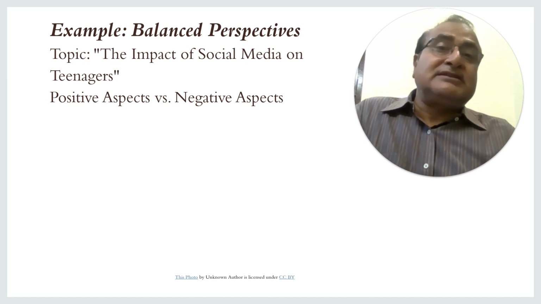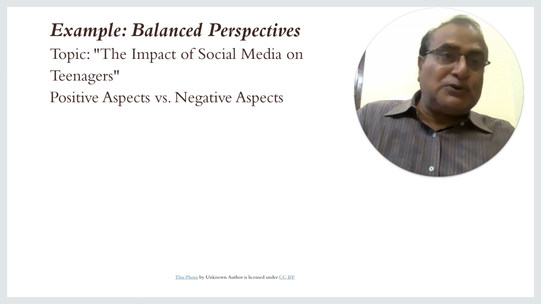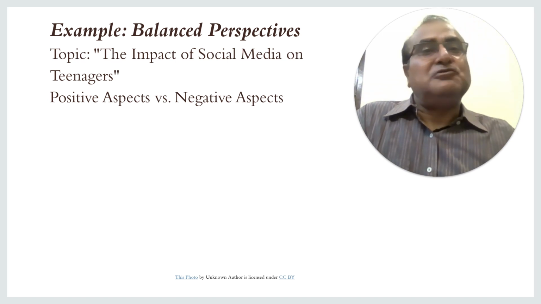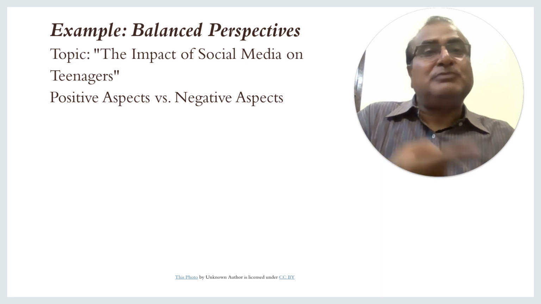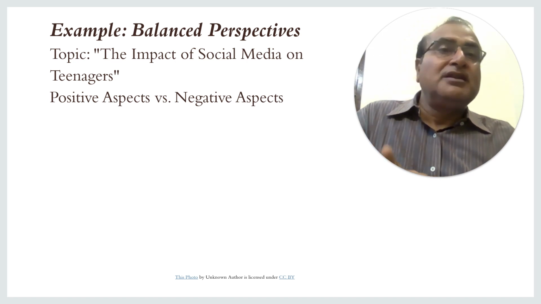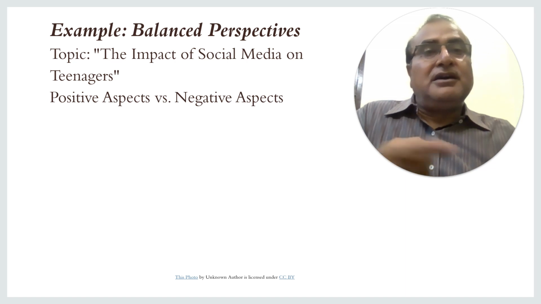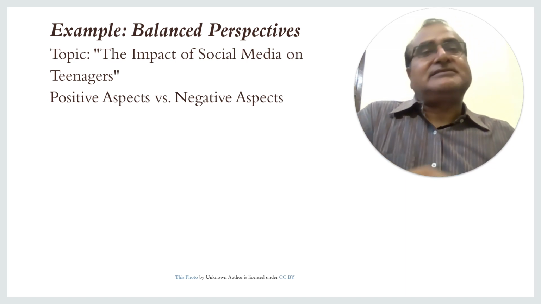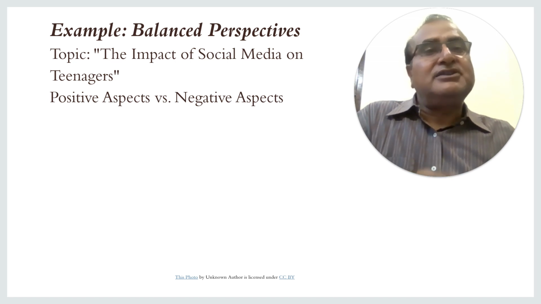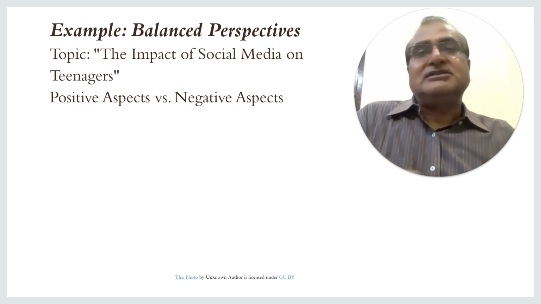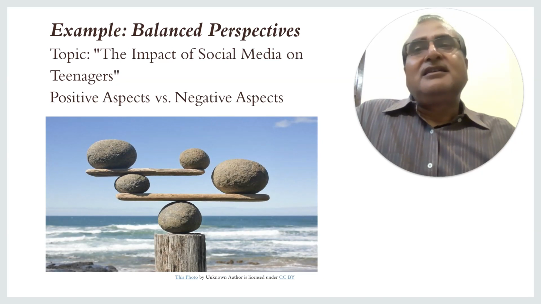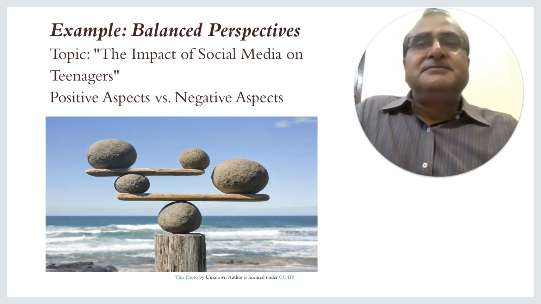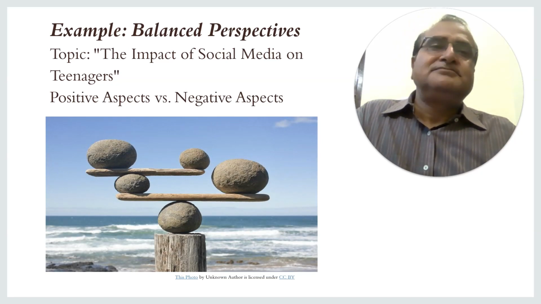Positive aspects versus negative aspects. Positive also, good also, bad also. So you may select certain points, you may note down certain points, you may invent certain points, and you may continue writing and good article ready. And this assignment, take it this assignment also. Please try to write on this topic. Will you write? I'm sure you will write.